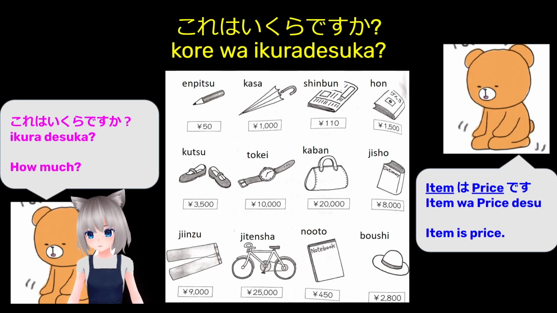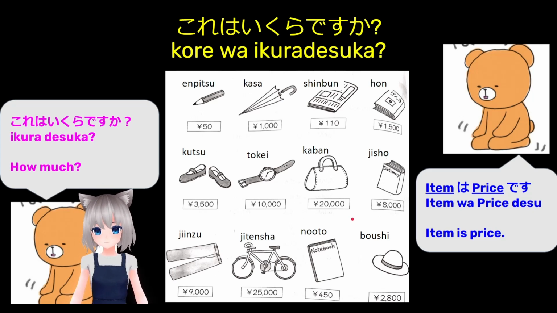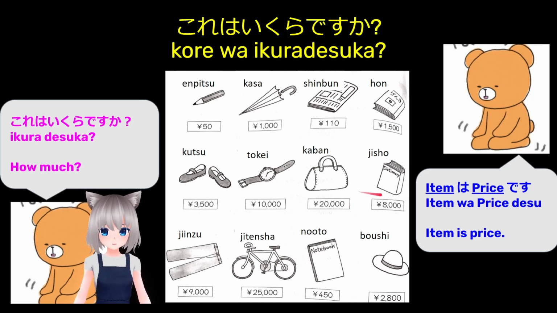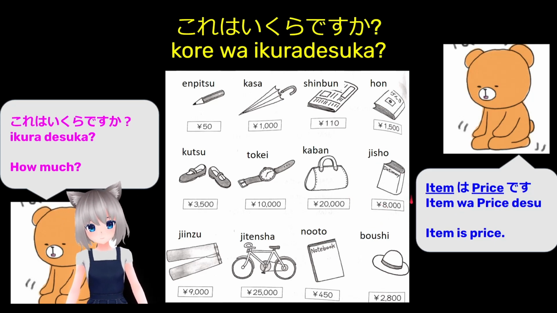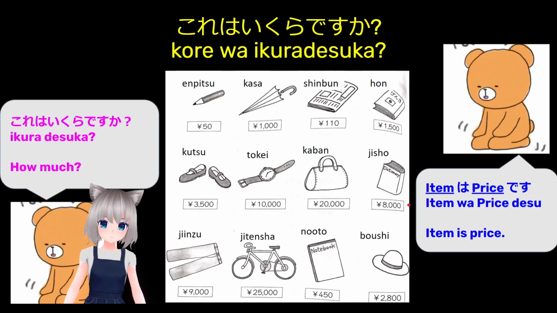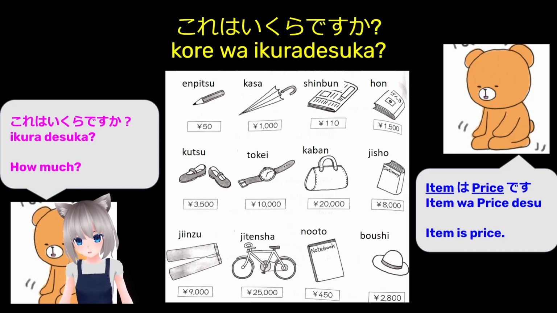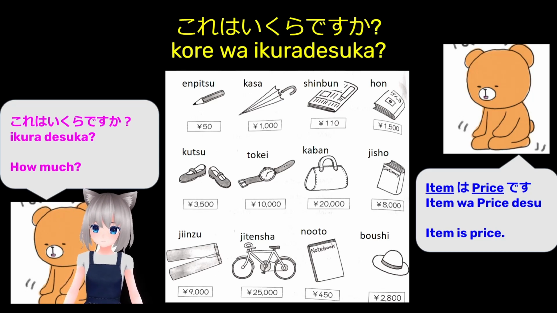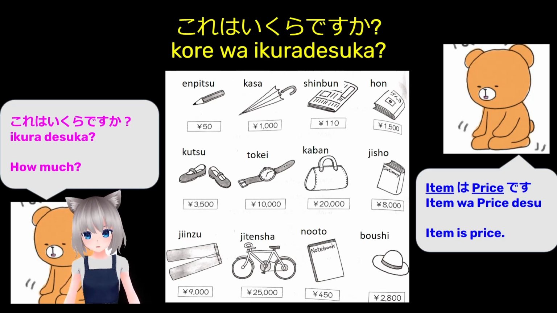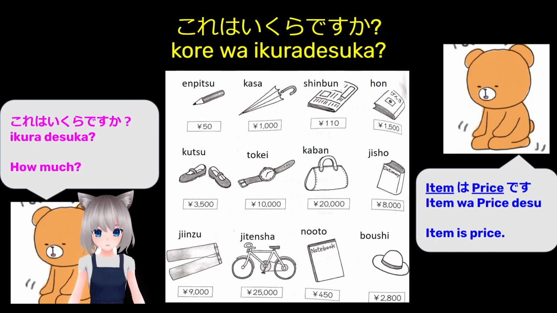Do you remember how to say bag? カバンは2万円です。Next one. これはいくらですか? 辞書は8000円です。Did you get 8000?